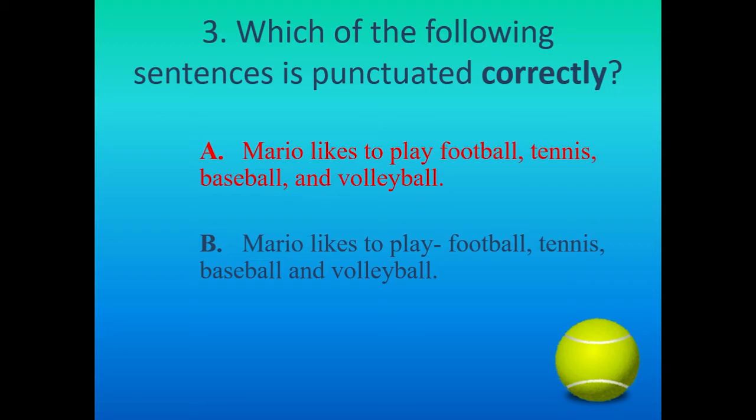We could have combined those two to make like one sport, which would be a little weird because baseball and volleyball are two separate sports. So we need that comma there to separate, and so we always have the comma before and. So it's Mario likes to play football, comma, tennis, comma, baseball, comma, and volleyball. Always have the comma before and or.